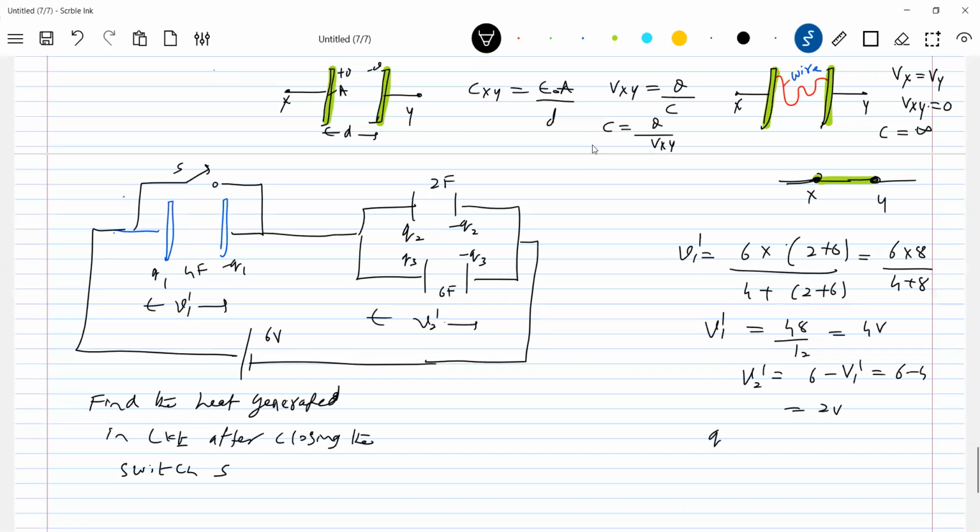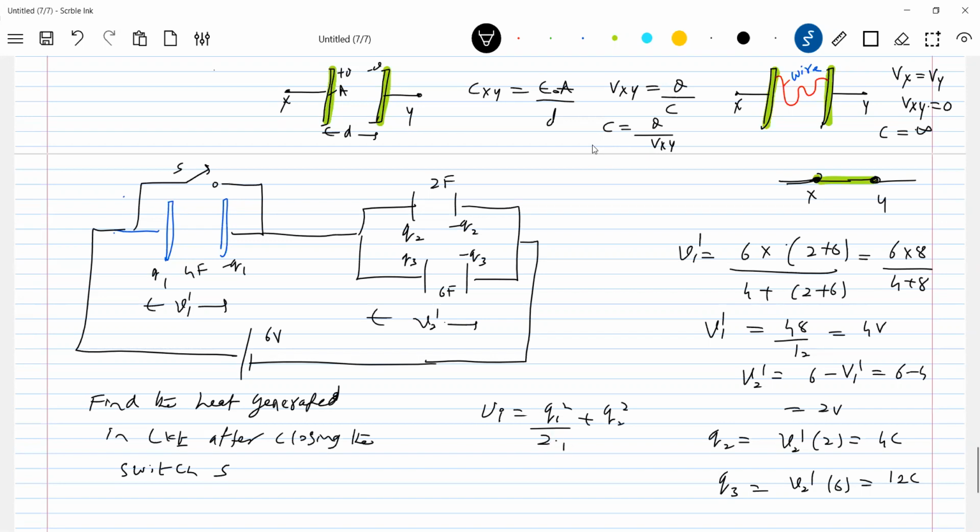So what is the value of Q2? Q2 is equal to V2 dash into 2, 4 coulombs. Q3 equal to V2 dash into 6, this will be 12 coulombs. We got the charges and we know the initial energy also. What is the initial energy of the circuit? Q1 square by 2C1.